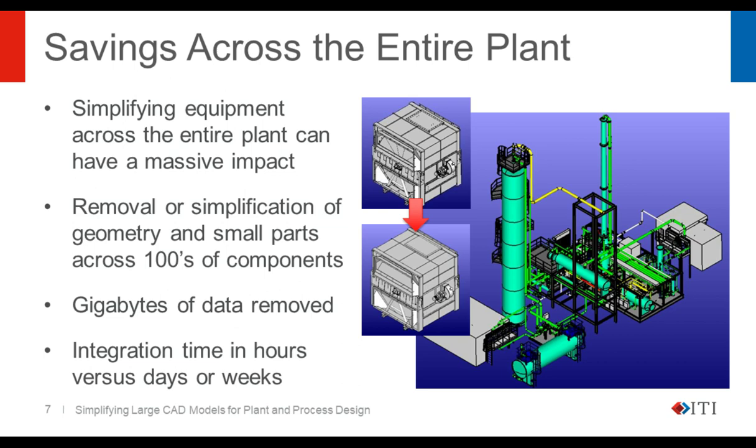And if we can aim to remove or simplify the geometry across those hundreds or thousands of components, then we are looking at gigabytes of data savings and integration times of taking those models into the plant design system of hours rather than days or weeks. So you can start to see how applying the simplification of the mechanical CAD models can have quite an impact on the overall process and business benefits further down the line in terms of lead times, time to commissioning.